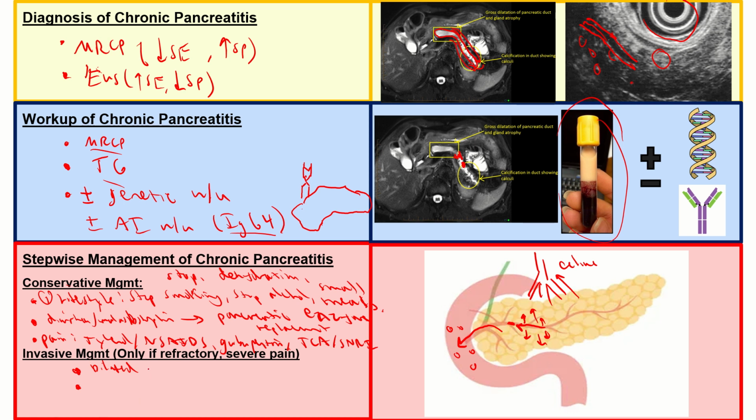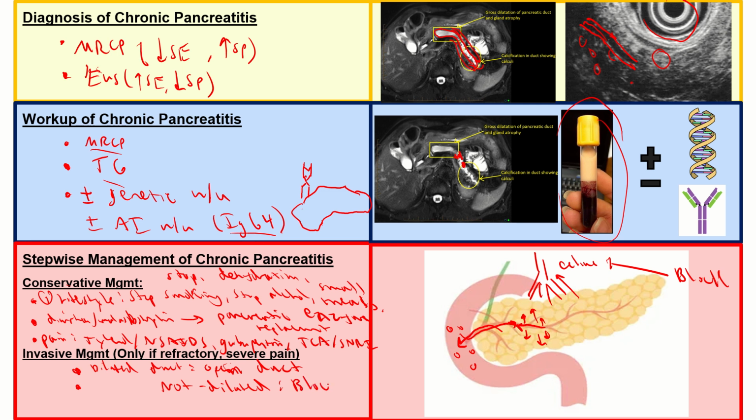So if you do have a dilated duct, you really want to go in with a scope and open that duct, plus minus a stent, but you definitely want to open the duct through endoscopic means. If the duct is not dilated, it's a little bit more difficult. Things that you can do would be a celiac plexus block.